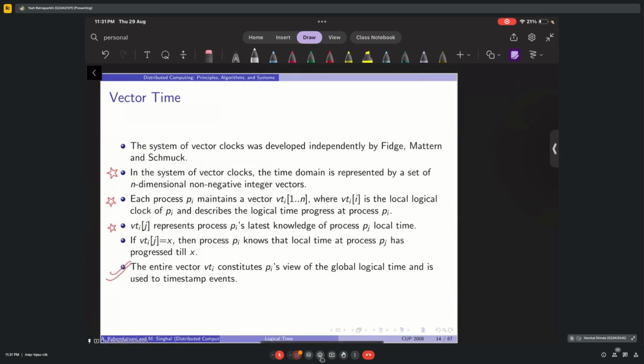This is the end of scalar timing. So the scalar timing story ended with a post credit: there was a limitation in scalar timing in handling total ordering, due to loss of information about which event occurred before and which occurred later. Are you guys able to understand till this?